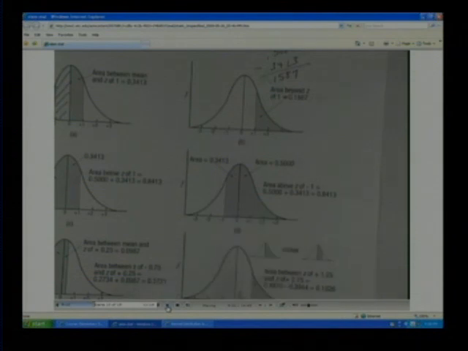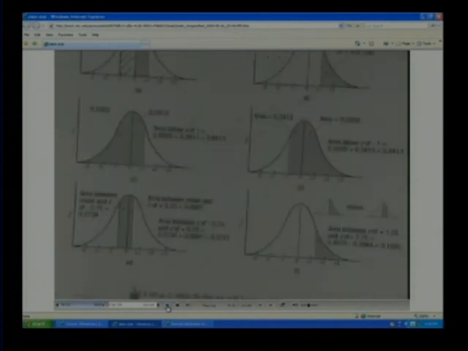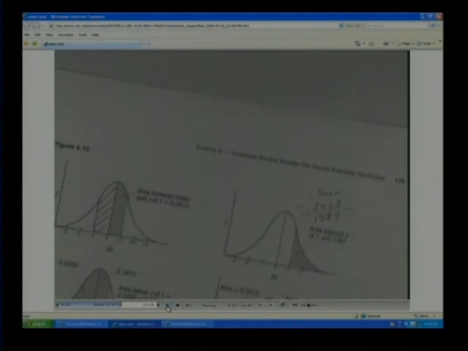It's an area, so it's not a negative, although it is on the negative side of it. And then there's some other examples here getting areas in between two particular values. And just some practice with those, and I think that you'll be okay with those.